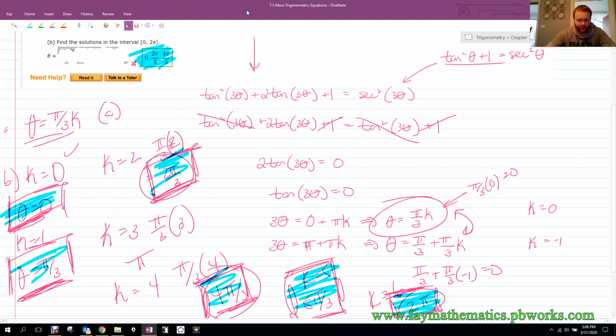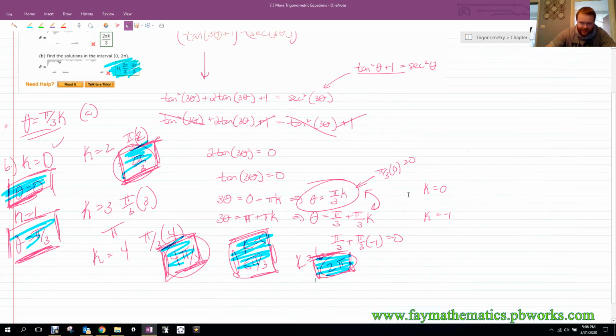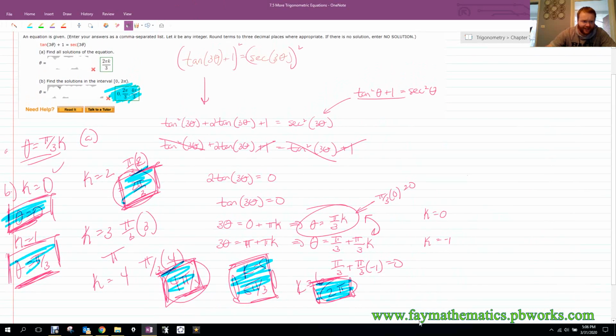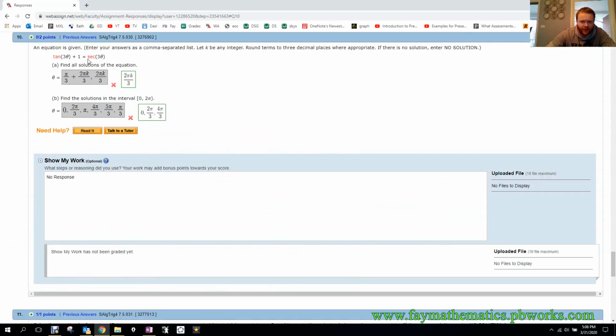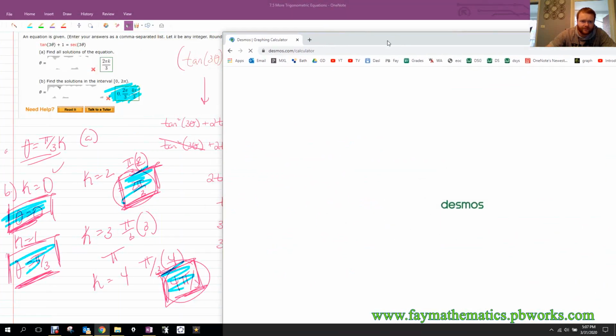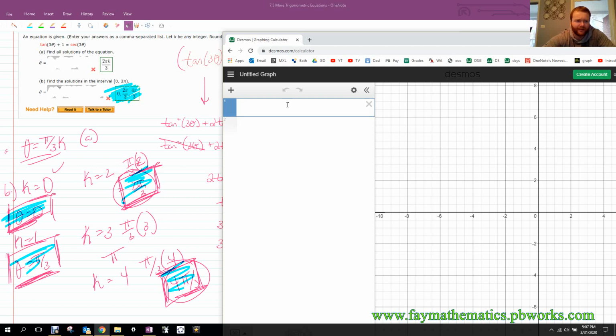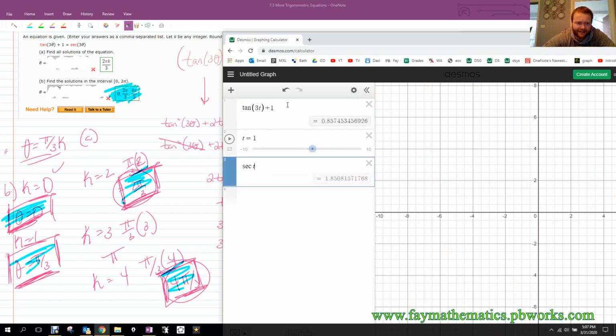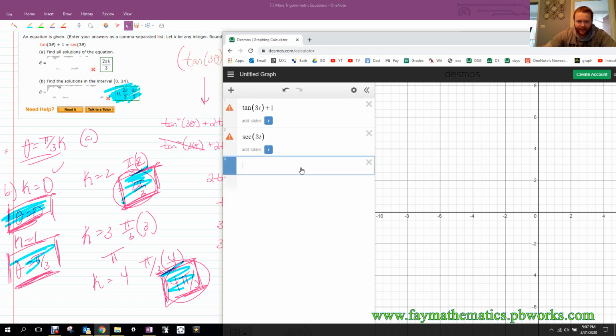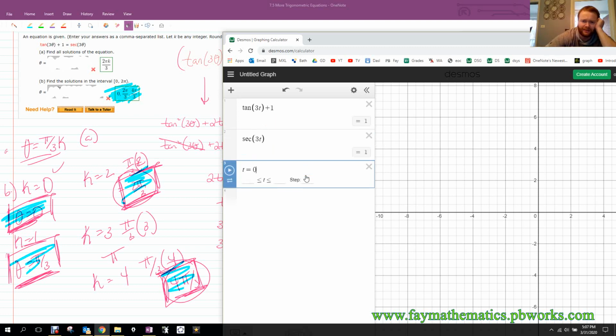So what I would strongly suggest is to take Desmos or whatever calculator you're using, and just type in tangent of 3t, I'm using t for theta, plus 1, and then secant of 3t. So I'm typing it in that way, and all I'm going to do is go through my t values. So t is 0, and we'll see, do they give me the same response?